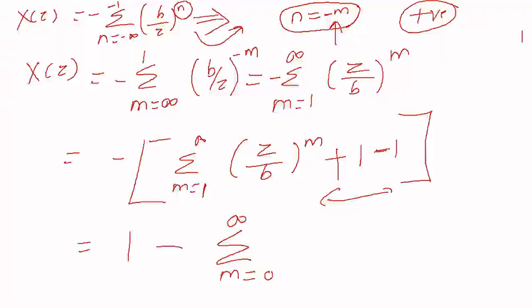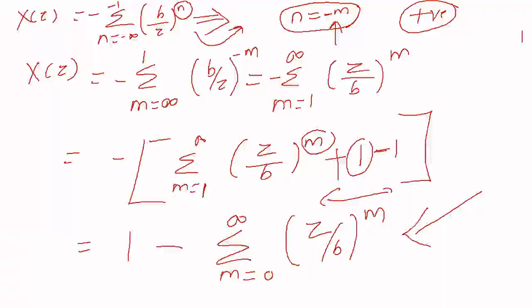Why can I very comfortably take the 1 outside? Because it has nothing to do with m, right? That's the reason I am taking it outside. So summation of m equal to 0 to infinity z by b power m. Now I got what I wanted. This minus 1 went inside, did you understand? So m equal to 0 to infinity.